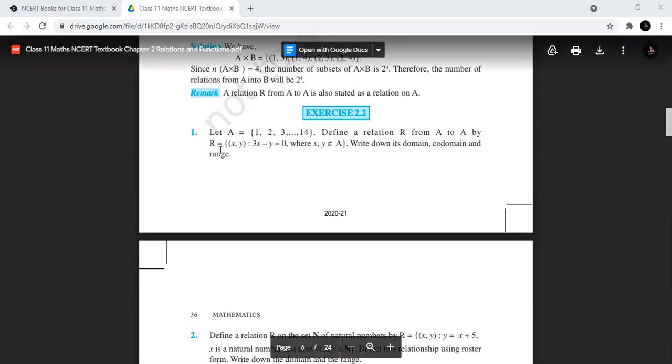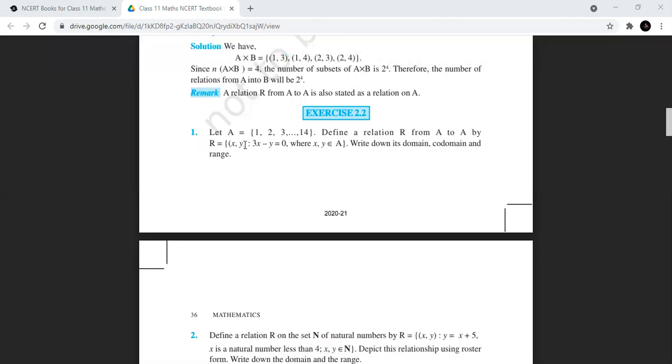Then the relation has been given as x comma y, where the relation between x and y, first entry and second entry, is that 3x minus y is equal to 0, where x and y obviously both belong to A. The first entry will be from A, second also from A. Why? Because the relation is from A to A, so Cartesian product A cross A. So both the entries will be from set A, means the entries can be from 1 to 14 only. That's it. So this is your set builder form.